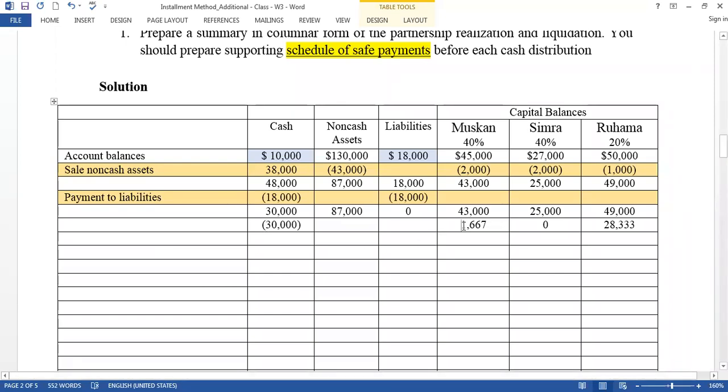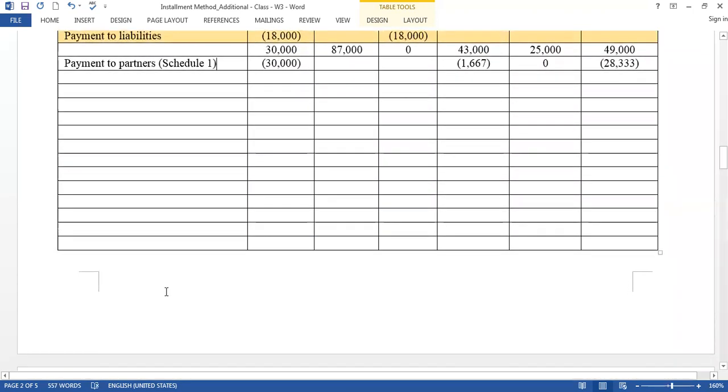Your capital is not going to increase because this payment is the distribution of your capital. So your capital is going to decrease because you receive this money from your capital balances. So this is called payment to partners based on Schedule 1. This is the payment of partners based on Schedule 1.